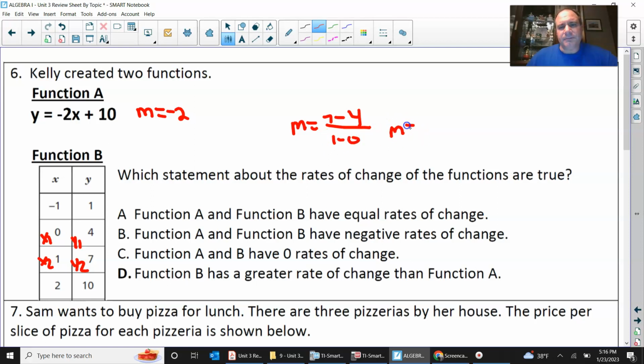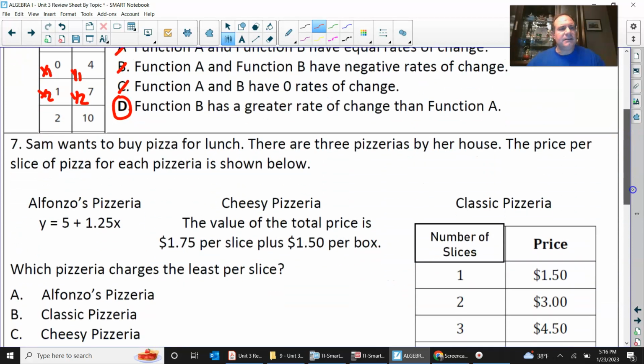M equals 3. Do function A and B have equal rates? No. They don't have negative rates. They don't have 0. D is your answer. Function B has the greater rate of change, and that is it.